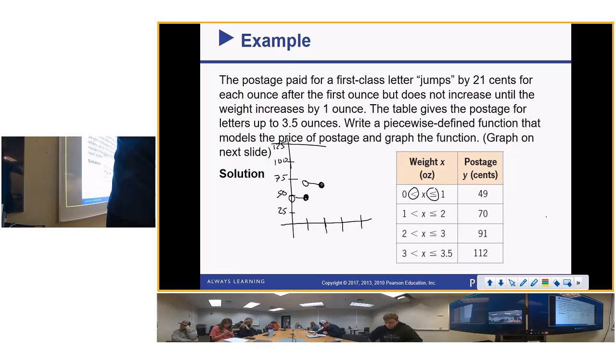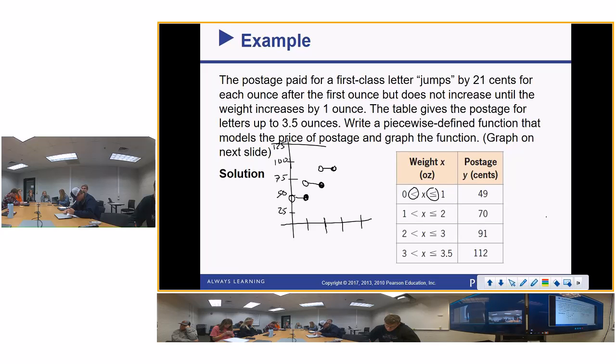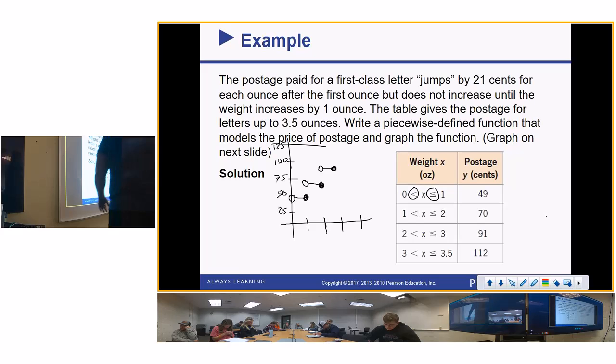And then at 2 and 3, at 91, so somewhere in here, you're going to have an open circle and a closed circle. And then at 112, 3 to 3.5, which would be right in here, you're going to have an open circle and a closed circle.